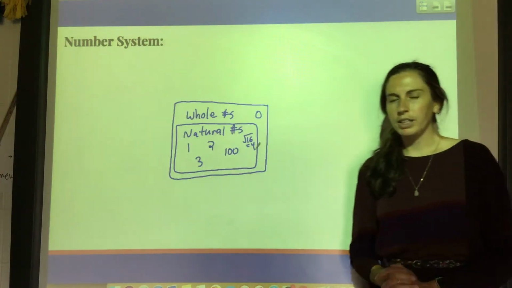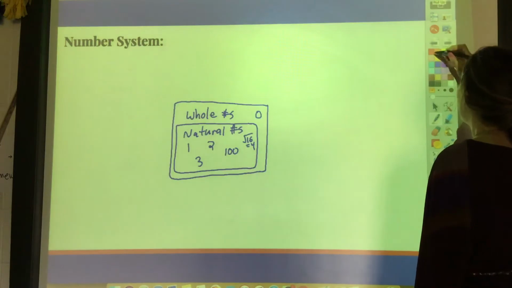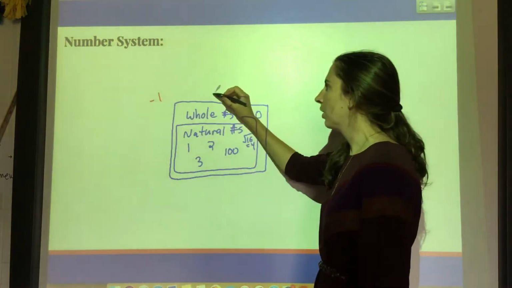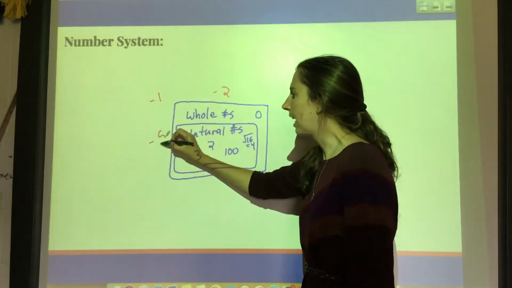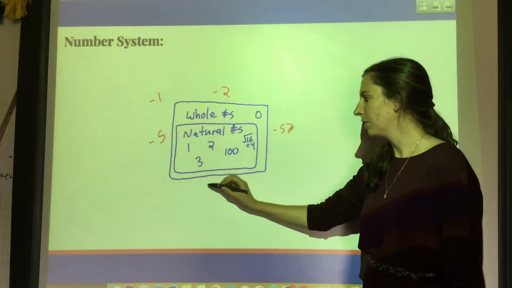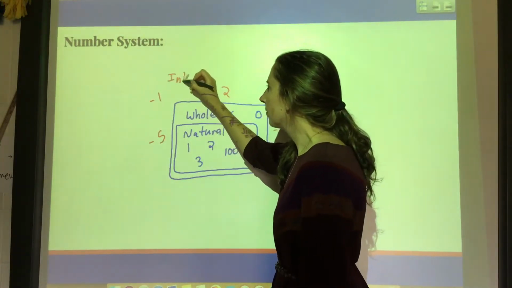And then at one point you eventually learned that there are negative numbers. And so negative numbers, if we include those, something like -1, or -2, or -5, or -57, all still whole numbers but negative, this is what we call the integers.